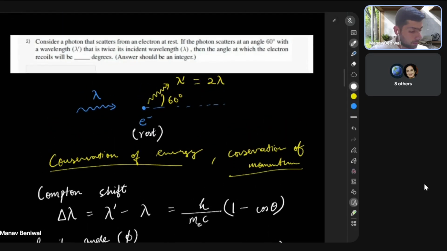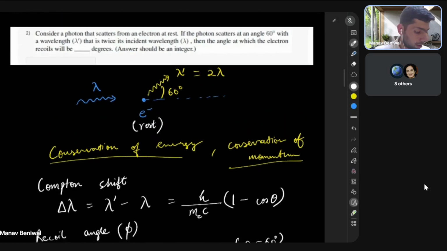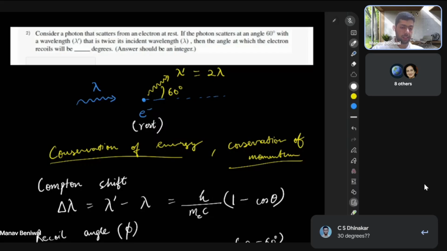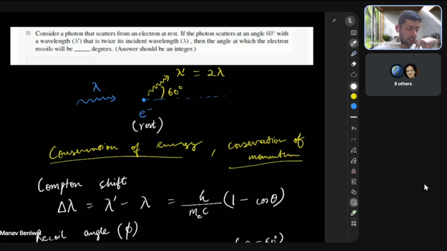Okay, so just to quickly go over the problem again, it is based on Compton scattering. Our photon hits an electron, gives some energy. Yeah, 30 degrees is correct, CS Dhinakar. So it gives some energy to the electron. Our electron recoils, and the new photon that is emitted has lower energy, therefore greater wavelength, and it is emitted at some angle, 60 degrees. So to conserve energy, the remaining energy goes to the electron, but we also have to conserve the momentum, right?